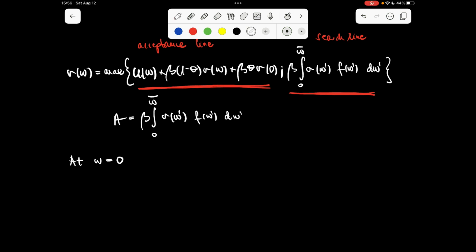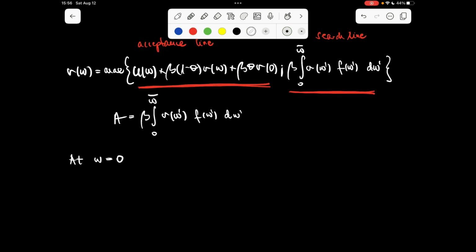So we realize, second, that at zero wage, the acceptance line has a lower value than A, because this is 0.